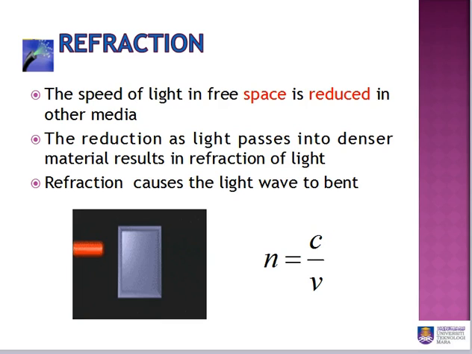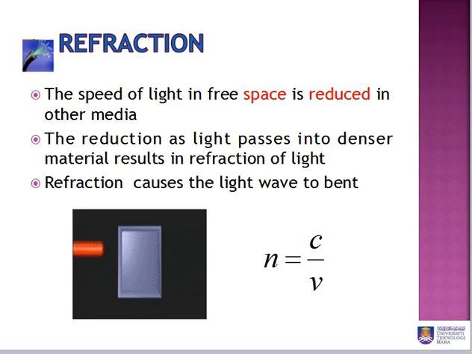So the speed of light in free space is reduced in other media. The reduction as light passes into denser material results in refraction of light. Refraction causes the light wave to bend. This can be calculated by using the equation. The amount of bending or refraction that occurs at the interface of two materials of different density depends on the refractive indices of the two materials.